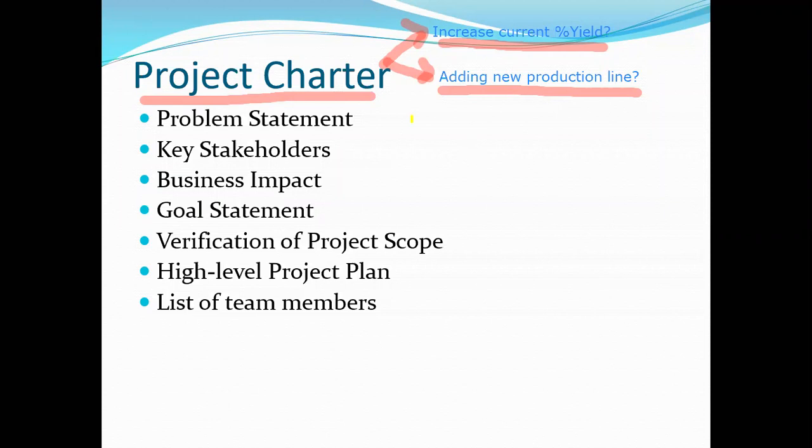So in the project charter or the proposal, we try to describe the problem statement, and then who the team members are, who the black belt and the green belts are, and then the impact of the Six Sigma project on the financial side, and then in more detail the timeline of the project plan.